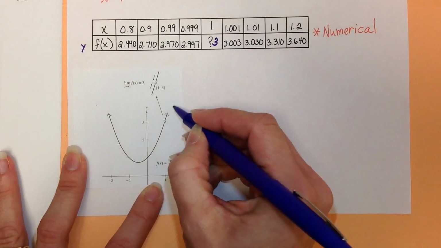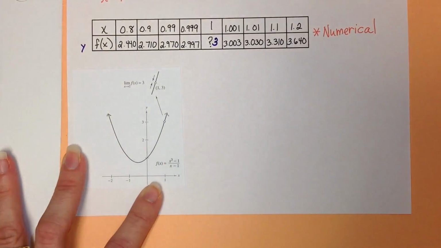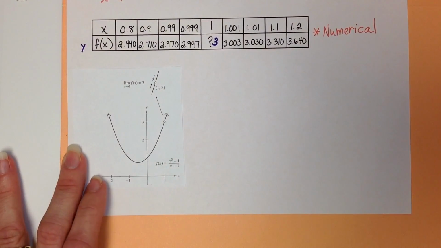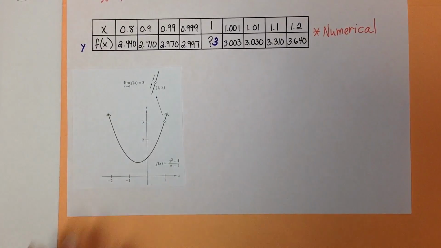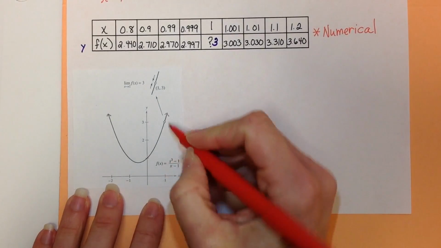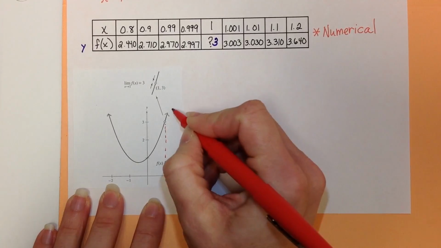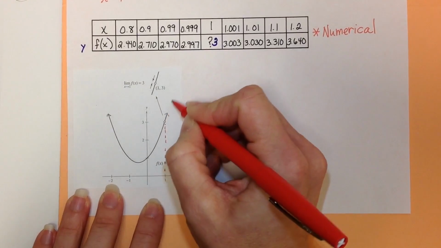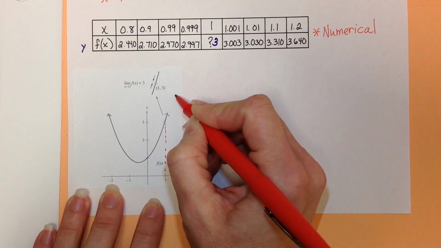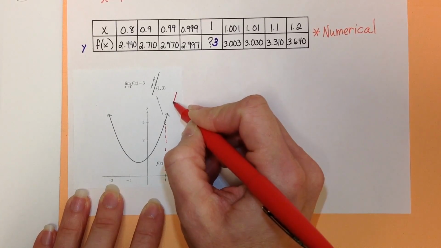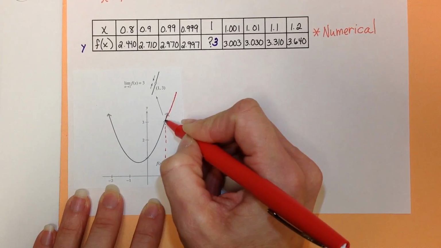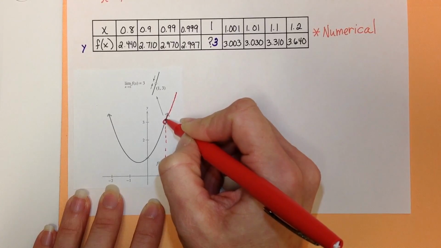Let me get a different color here. If I look at this from the right hand side, right here is x equal 1. This graph goes up forever. If I look at this graph coming in from the right side, it's closing in on this circle right here.